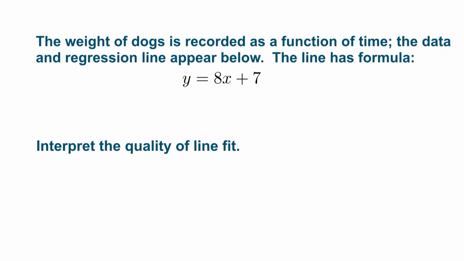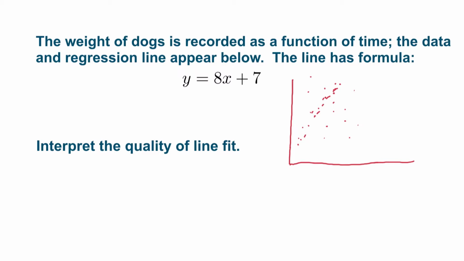Okay, so let's look at another example. Here, we're going to draw some data, and I'm going to tell you what the slope of the regression line is. So let's get the data here. Okay, so here's our synthetic data set.